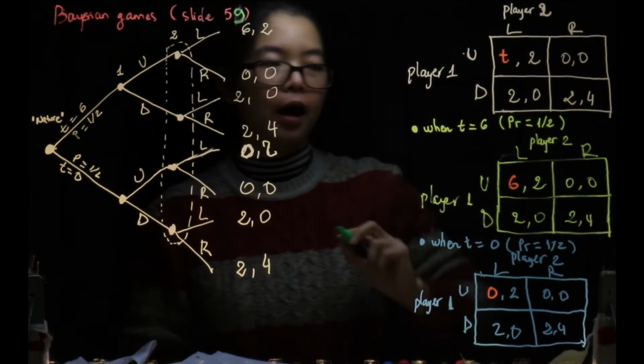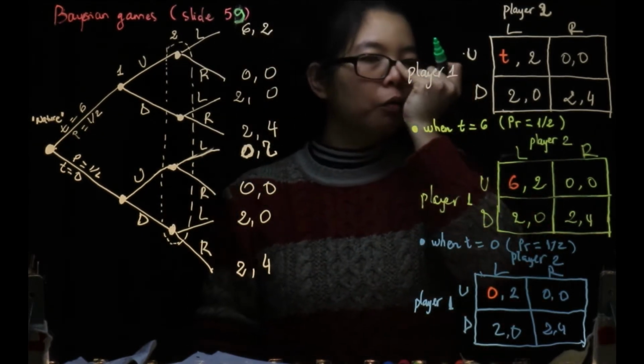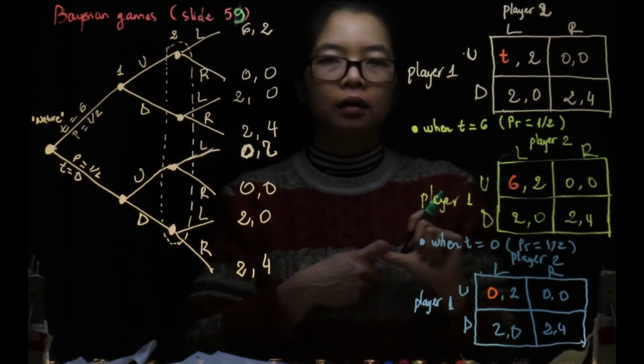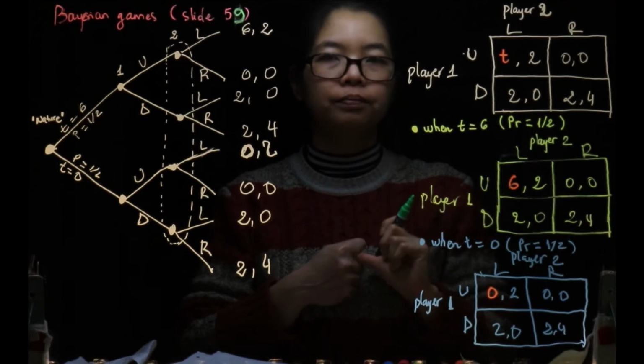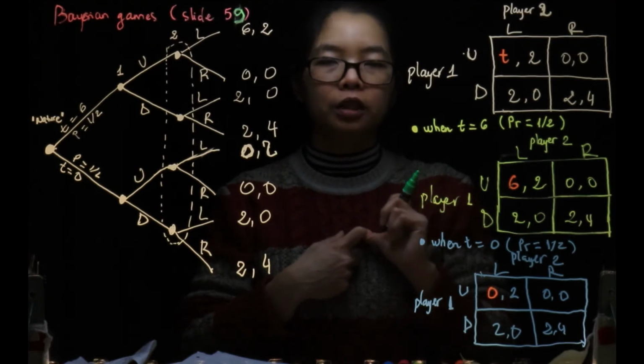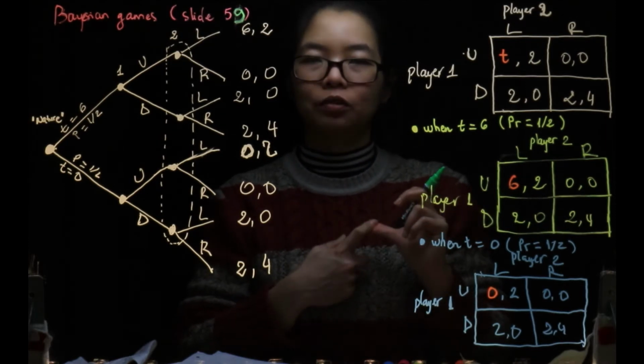Okay, how do we do that? Actually, quite simple. We can just remember first that for the first player, it must be the best response. For the second player, it also must be the best response.